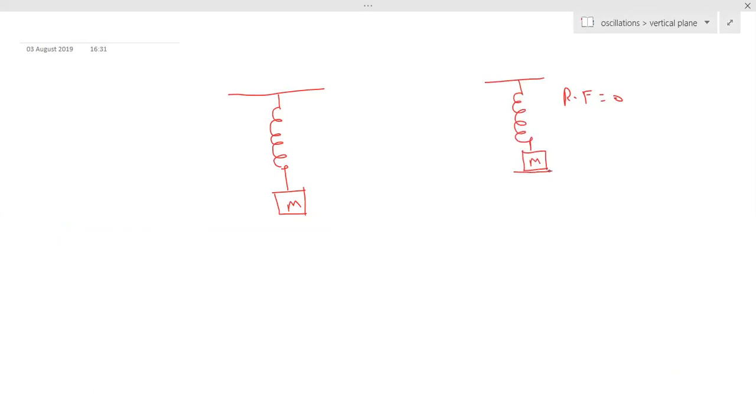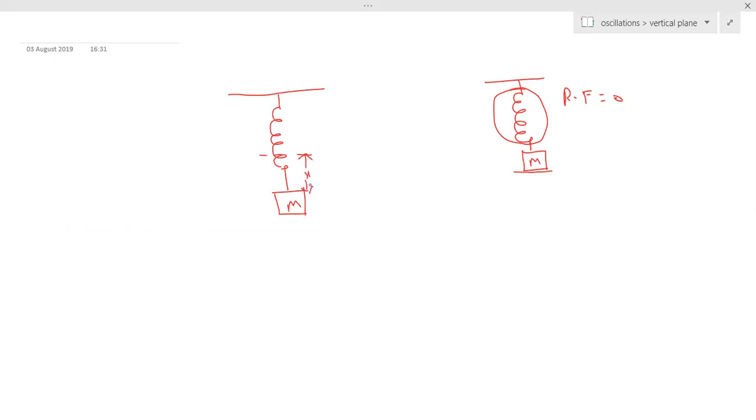When I leave this mass, because of gravitational force this mass will come down, that is, this spring will extend and oscillate like this, and finally it will come to some equilibrium position like this. So this was the unextended state of the spring, and because of gravitational force it is extended by an amount x. If I take this as my natural length, that is the initial length, then this will be the extension.